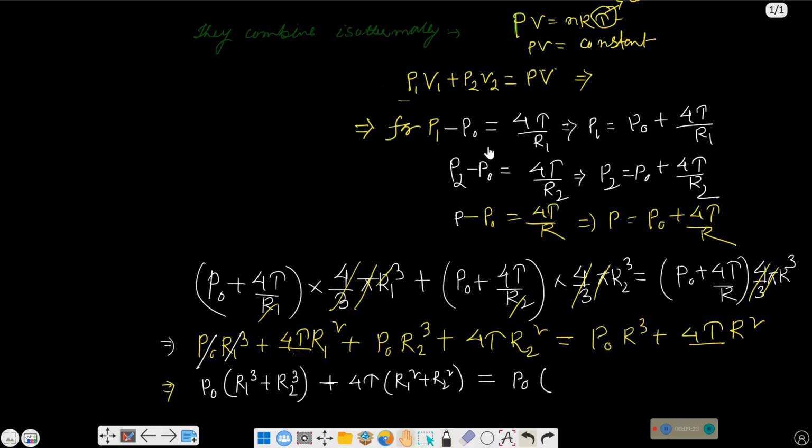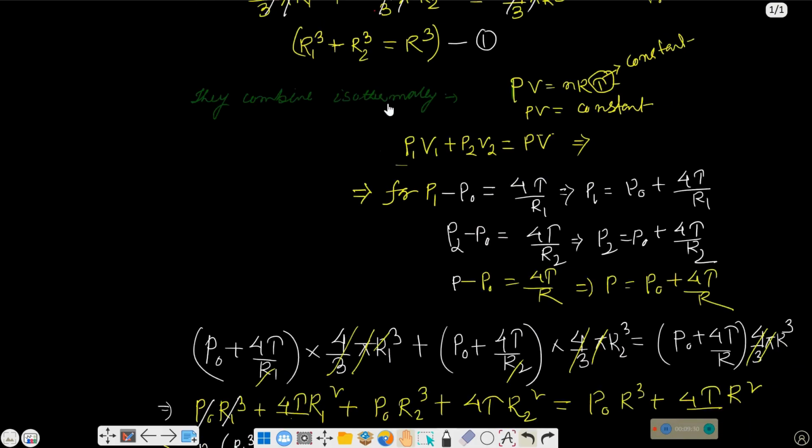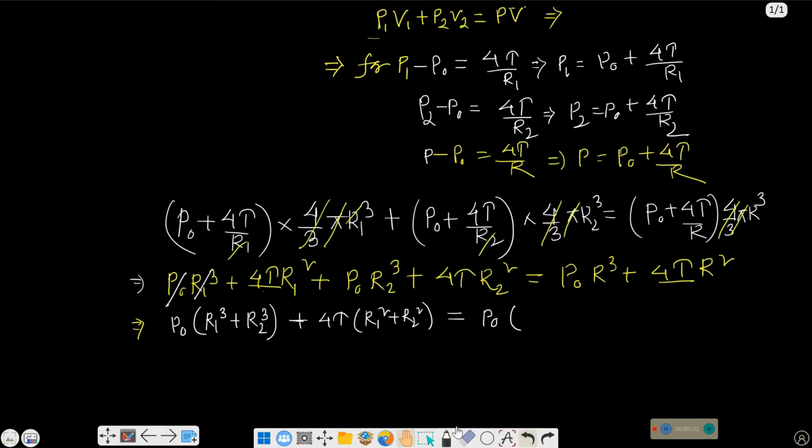We can put the value from equation number 1, R cube is R1 cube plus R2 cube. So this one is P naught into R1 cube plus R2 cube plus 4T R square. So from this we can cancel this one, right? P naught into R1 cube plus R2 cube and P naught will get cancelled.